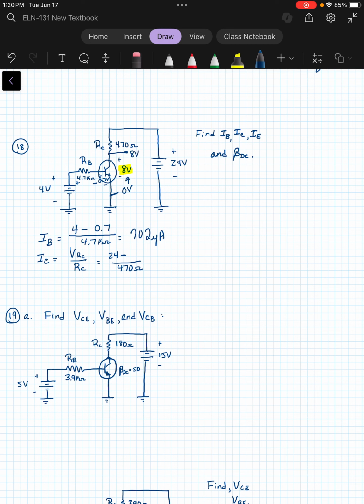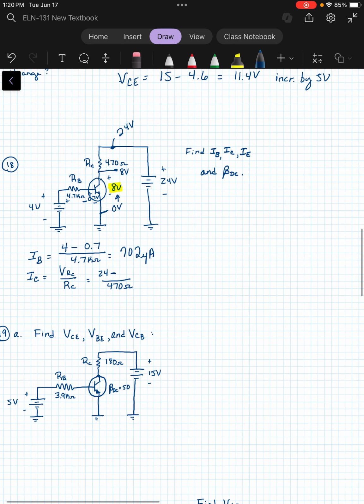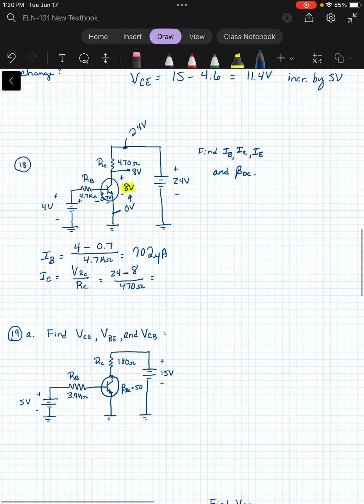So at this point we'd have 8 volts. So on one side of the resistor we have 24 volts, on the other side we have 8. So 24 minus 8 over the 470 would give us that. And that gives us about 34 milliamps.